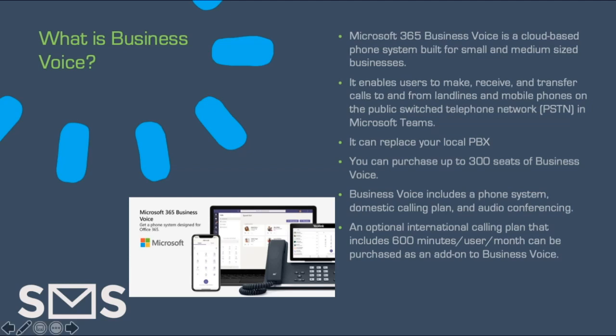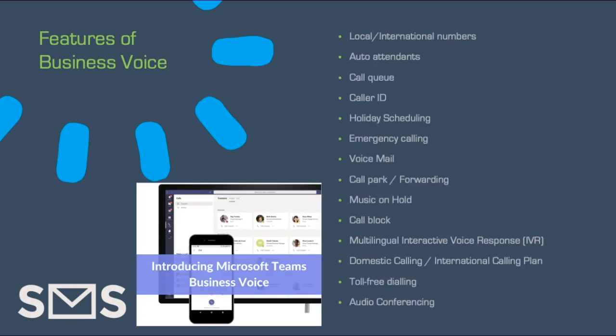So, could you give us a rundown on what the key features are for the Microsoft Business Voice product? Yeah, so there's quite a lot of features to Business Voice. It's listed on screen at the minute, but the main ones are local and international numbers. So if you've got offices based around the globe, you can have multiple numbers for that, or you can have a number to make you look like you're from another location.